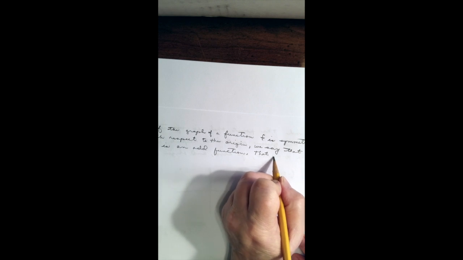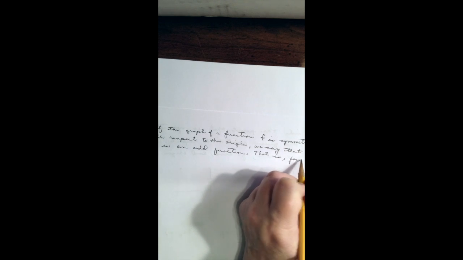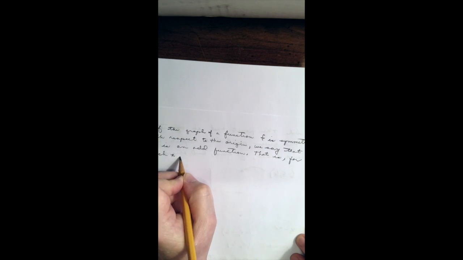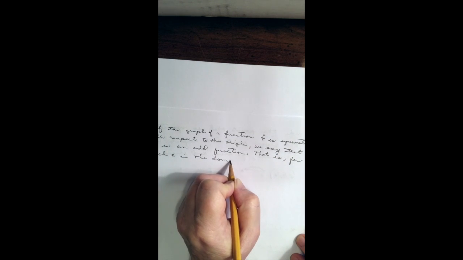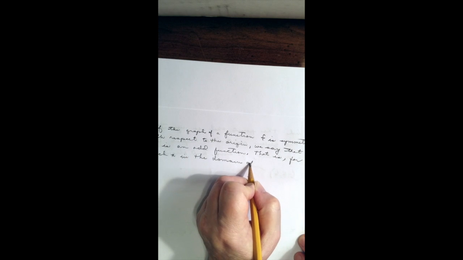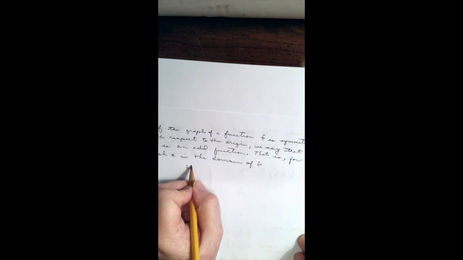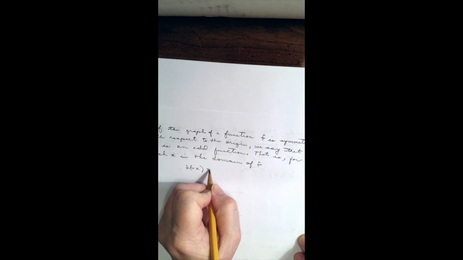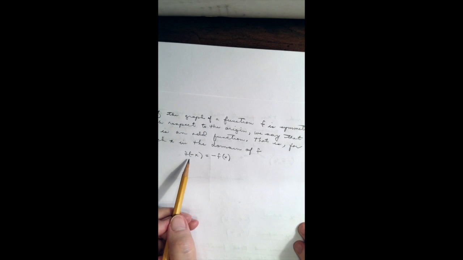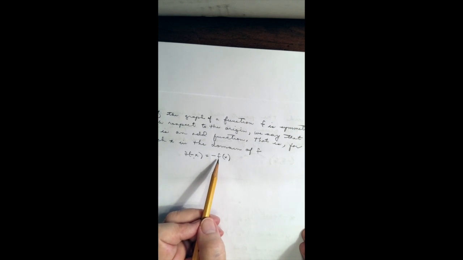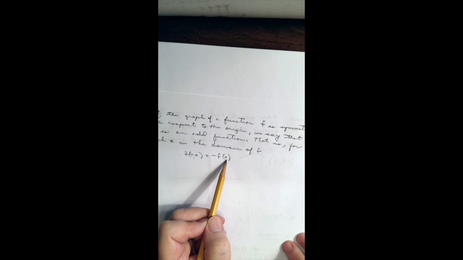That is, for each x in the domain of f, f of -x equals negative f of x. So here we can think, well, we're changing both the sign of x and the sign of y, because f of x is just another way of writing y.